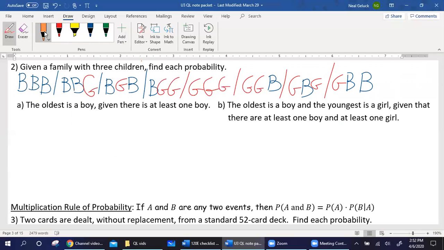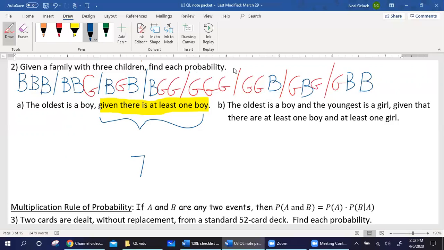Now we've got this conditional stuff happening though. The oldest is a boy, given there is at least one boy. So again, this is going to reduce down my sample space. Basically, at least one boy gets rid of the girl, girl, girl possibility. So the sample space here is only 7 because the girl, girl, girl possibility goes away. And now, again, I'm not looking at that one.